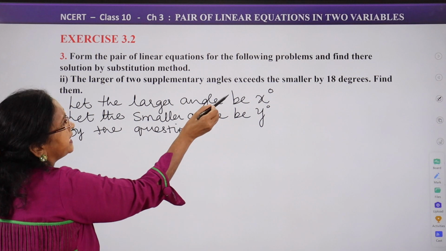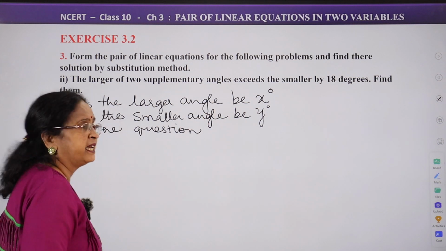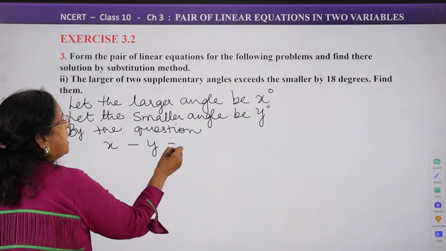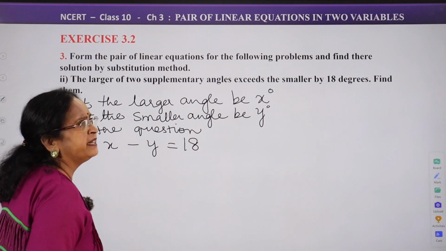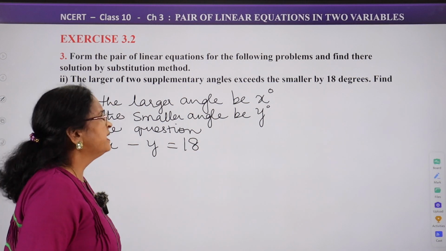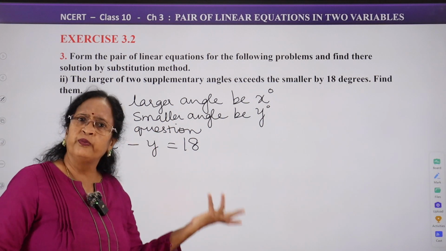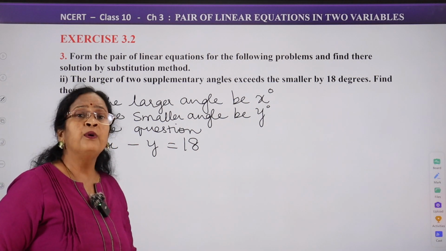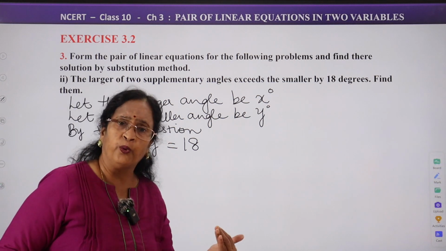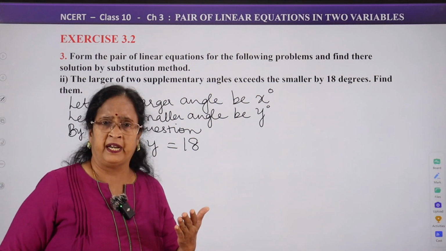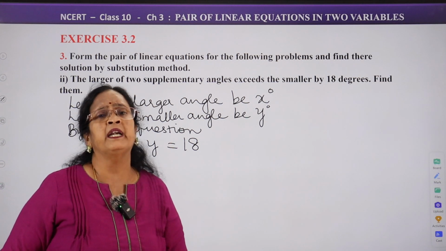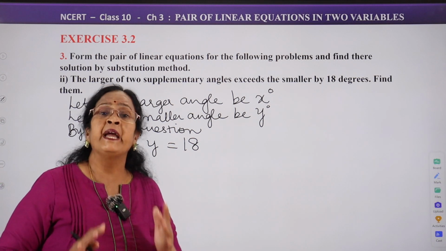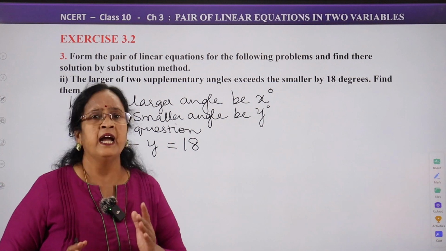Larger exceeds smaller by 18. See, larger exceeds smaller by how much? By 18. Now, the second one, what do we do? It is not given at all. We know that the sum of two supplementary angles always sums up to 180. That is the main property of supplementary angles.